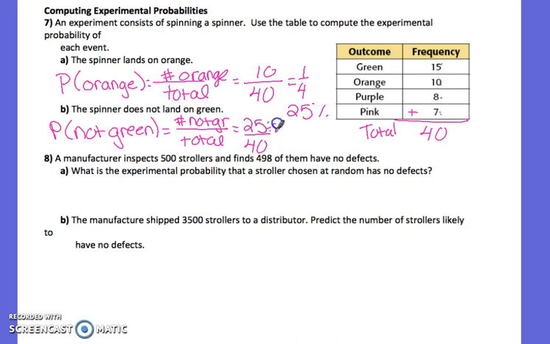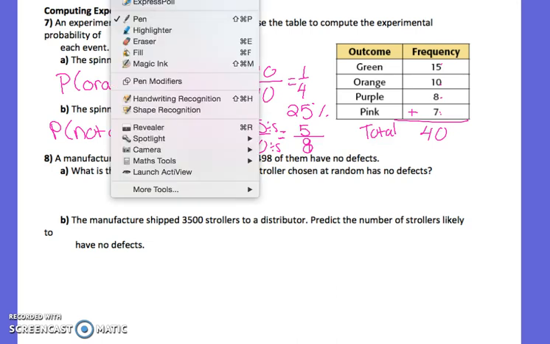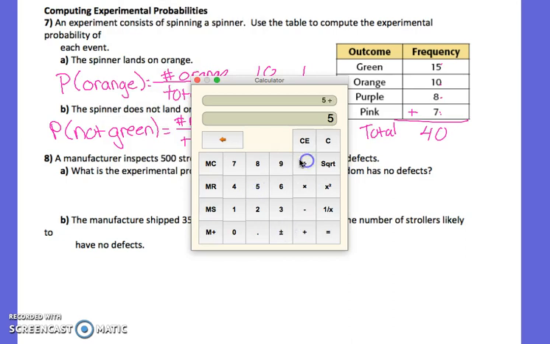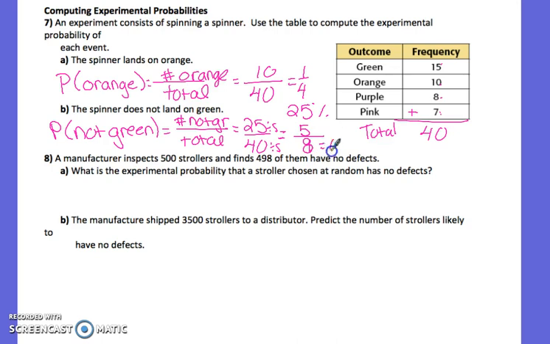They're both divisible by 5. So you get 5/8. 5/8 is your answer. And then if you make that into a percent, you do 5 divided by 8, and you get 0.625, which is 62.5% chance. I think that the percents are easier for us to understand.